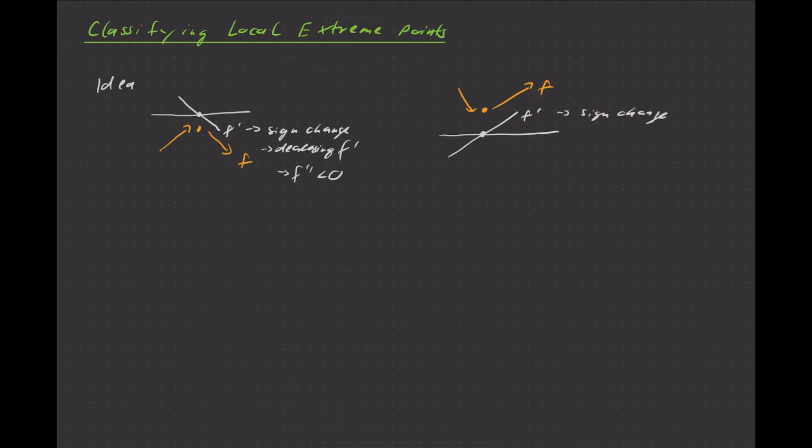Now from negative to positive, f prime is increasing. And that in turn would mean we'll need f double prime to be positive to be sure that f prime is increasing. And we could infer from that then that we have a local minimum. So basically that is the contents of the following theorem.